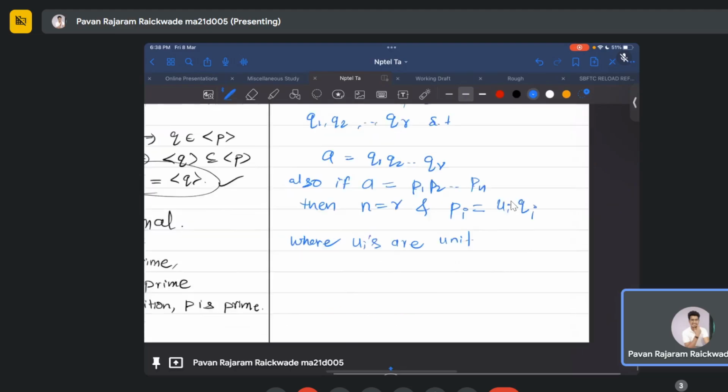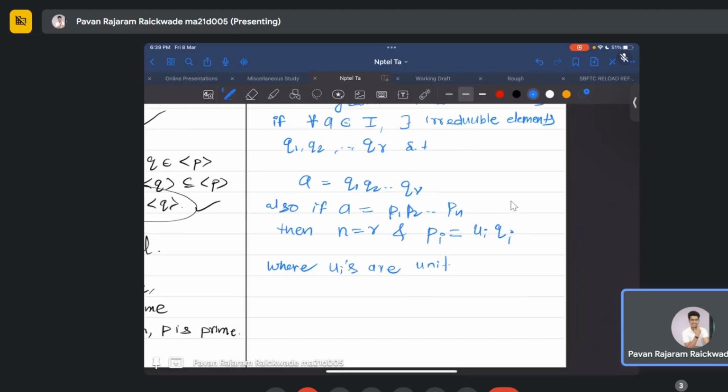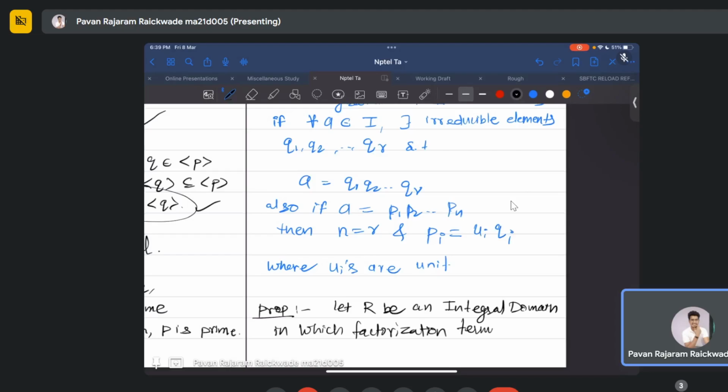So what is the point that I want to point out right now is there was a proposition I mentioned: let R be an integral domain in which factorization terminates, then R is a UFD if and only if every irreducible element is prime.